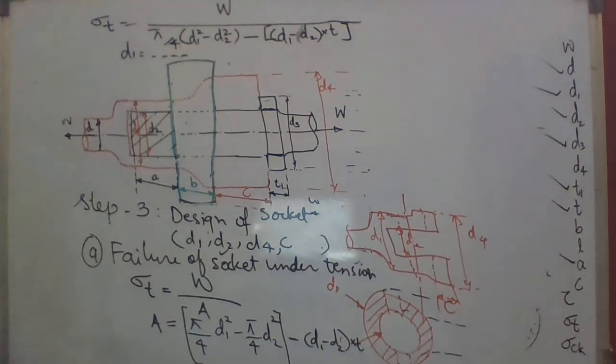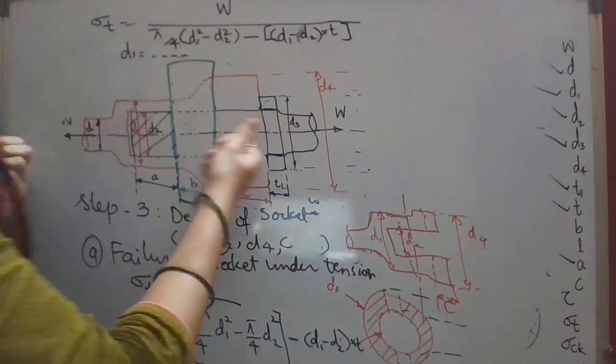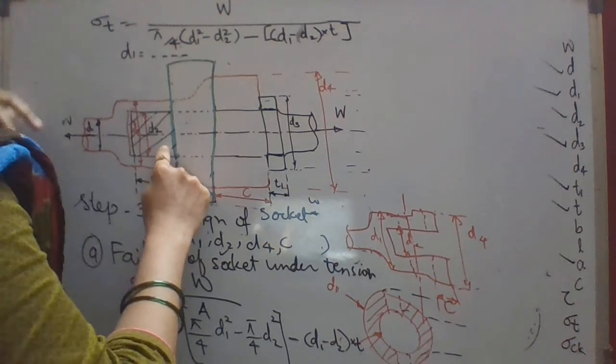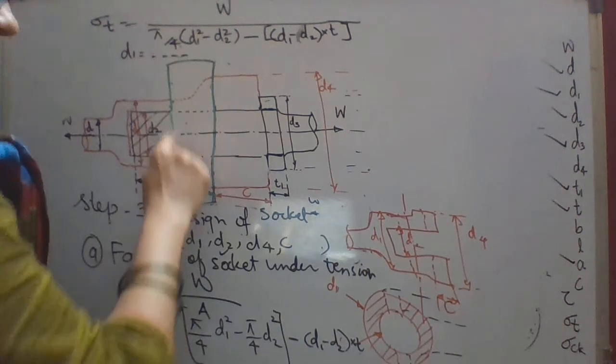Okay, now just as we considered crushing right after tension for the spigot, in the same style for the socket we will also consider the crushing stress. When we were considering the spigot, for crushing we considered this plane.